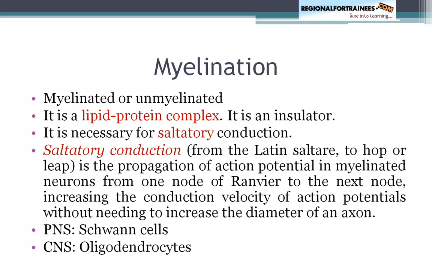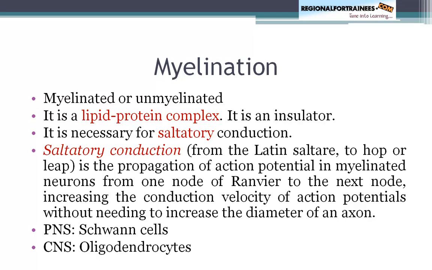Basically, this is a type of propagation mechanism in an action potential by which the depolarization changes happening on the surface or the membrane of the axon jump from one node of Ranvier to the next node of Ranvier, and this improves the conduction velocity but eliminates the need to increase the diameter of an axon.